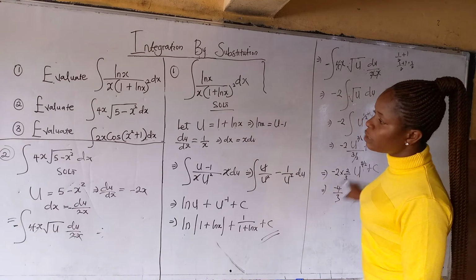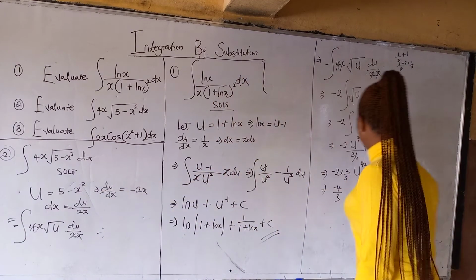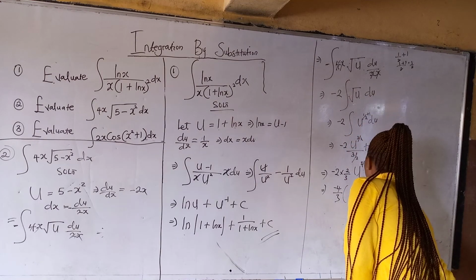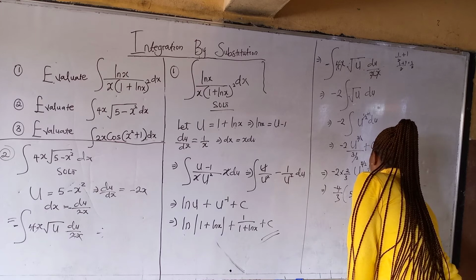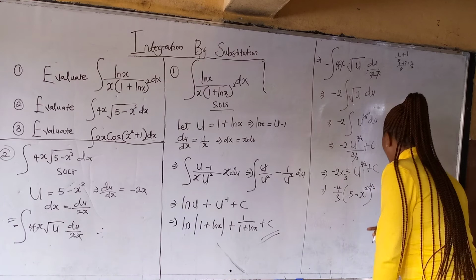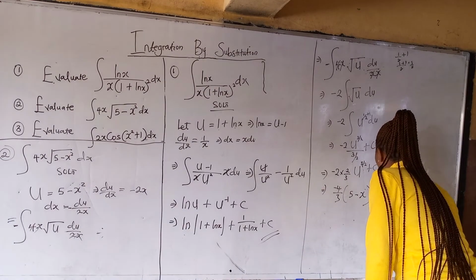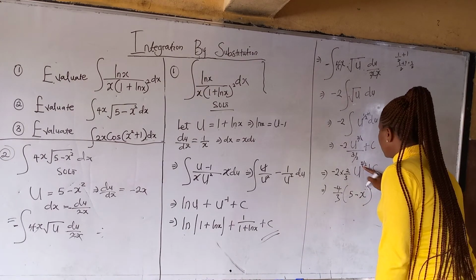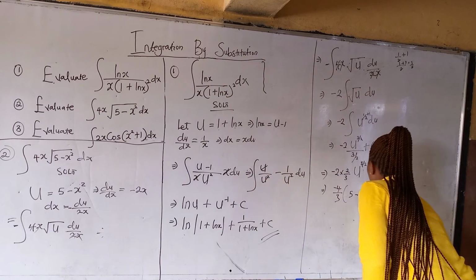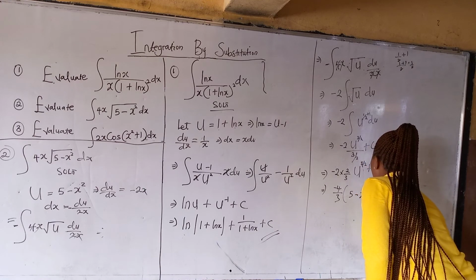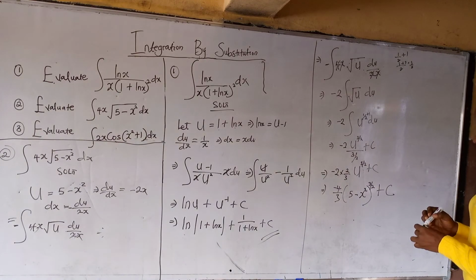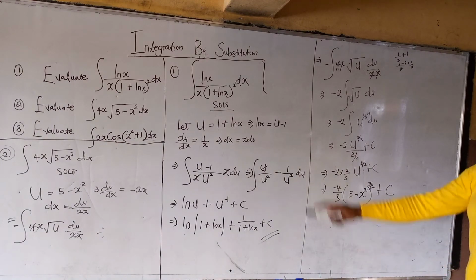What did we say our u is? 5 minus x squared, raised to 3 over 2, plus C. And that is our final answer for the solution.